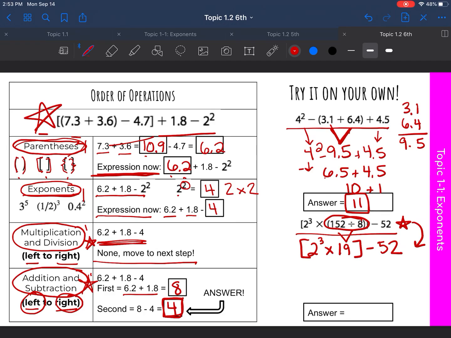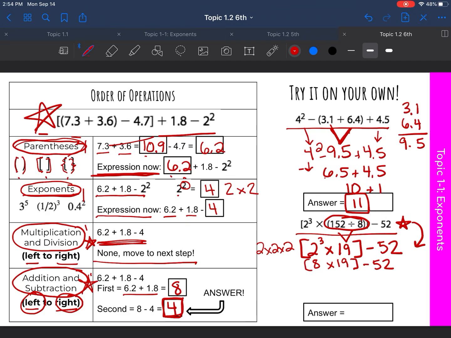And now the next step is to focus on these brackets, and inside those brackets, the exponents, okay? Because we're following these order of operations to our left. So 2 to the power of 3, which is 2 times 2 times 2, is 8. And then we have 8 times 19 in our brackets, minus 52.